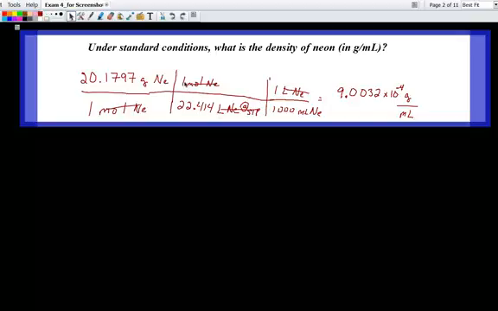So you put 1 mole up top and let that cancel out with this mole down here, and you'd end up with grams over liters. And then convert liters into milliliters. So 1 liter of neon would be 1,000 milliliters of neon. So the density in grams per milliliter would be 9.0032 times 10 to the minus 4 grams per milliliter.